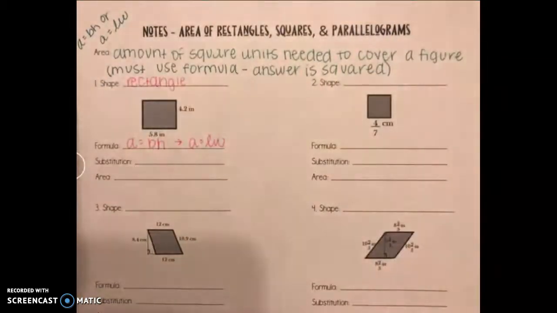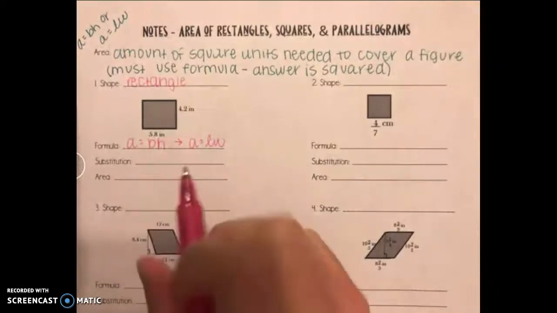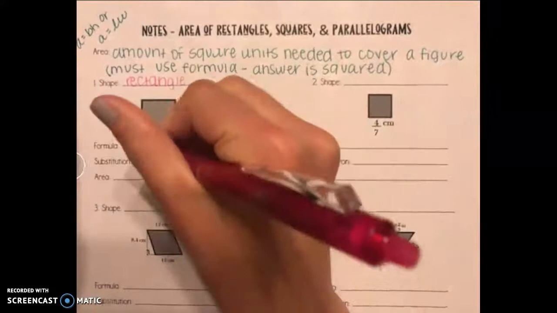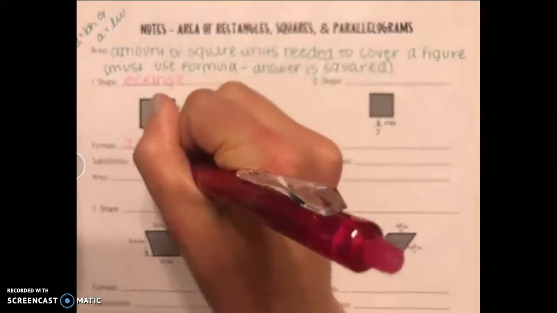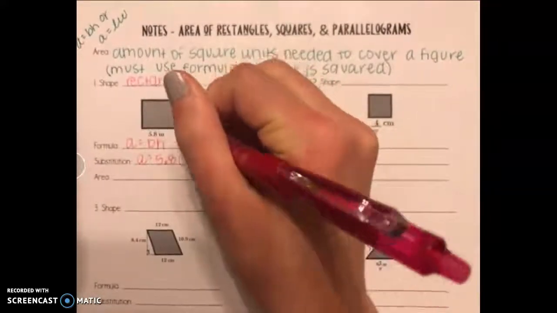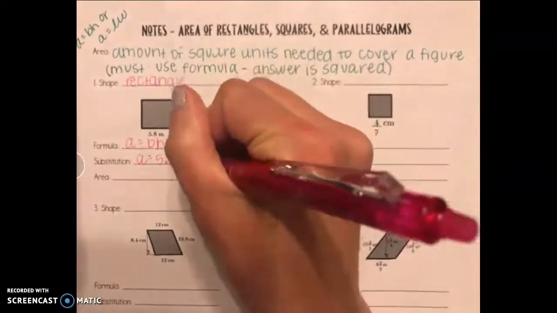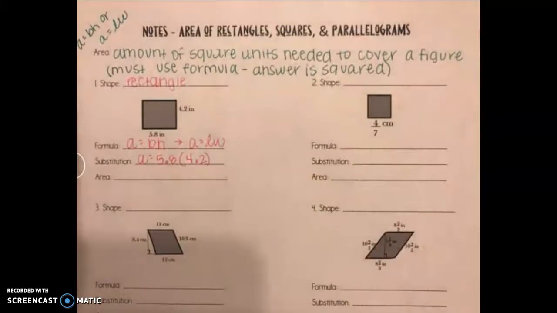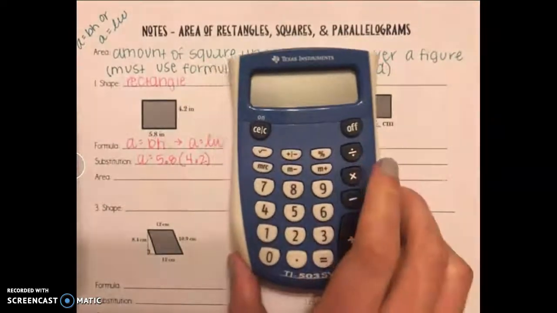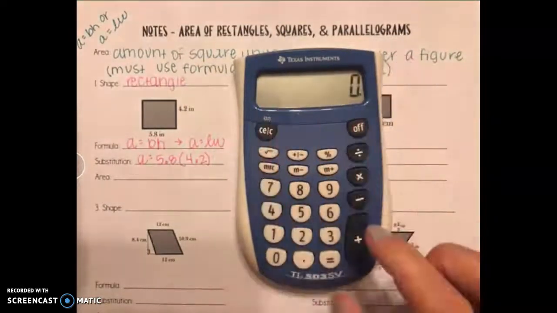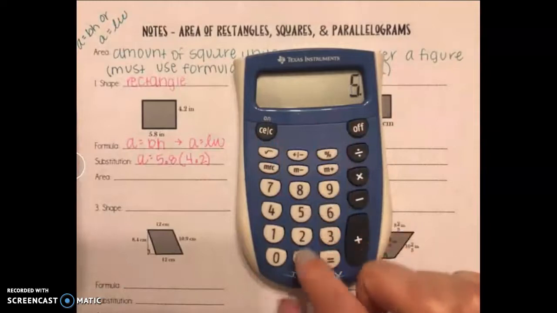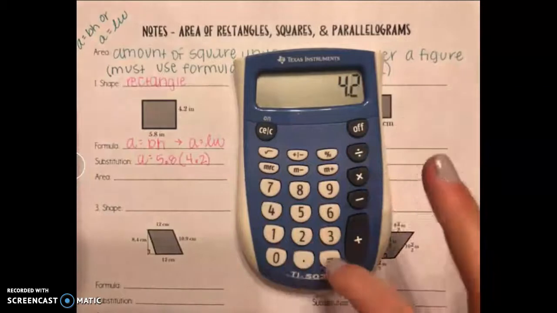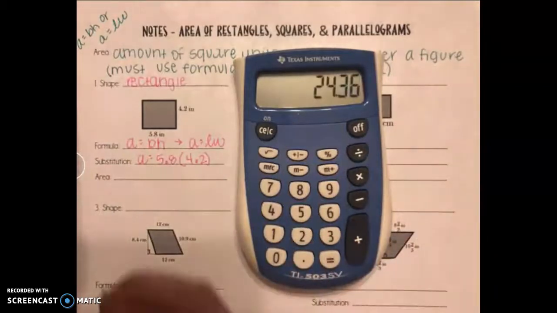Now we're going to substitute into our formula. We're finding the area, so we can't put area is. The base is 5 and 8/10 multiplied by the height of 4 and 2/10. We are able to use calculators, so we put it into our calculator: 5.8 times 4.2.